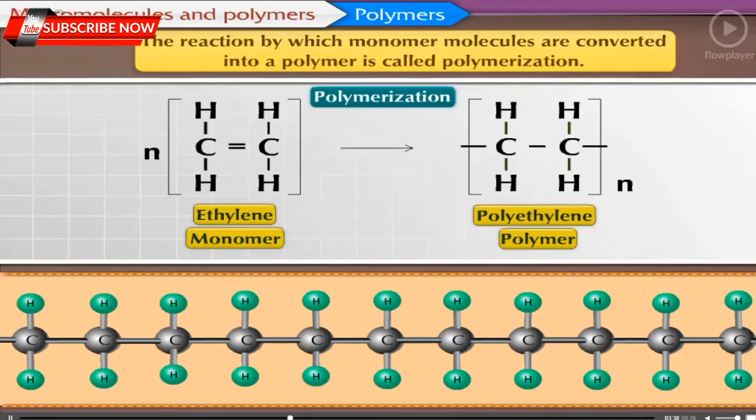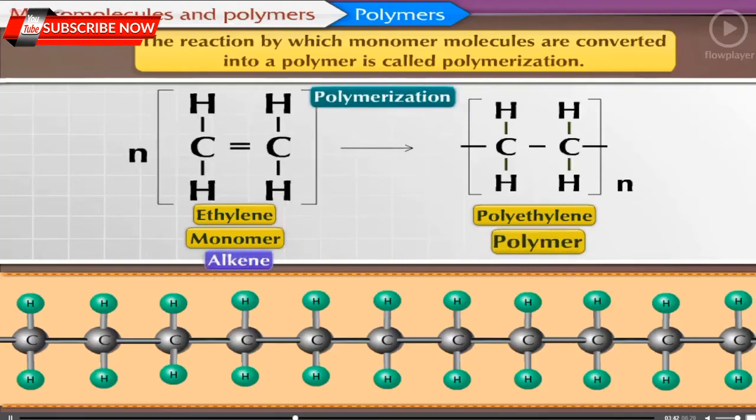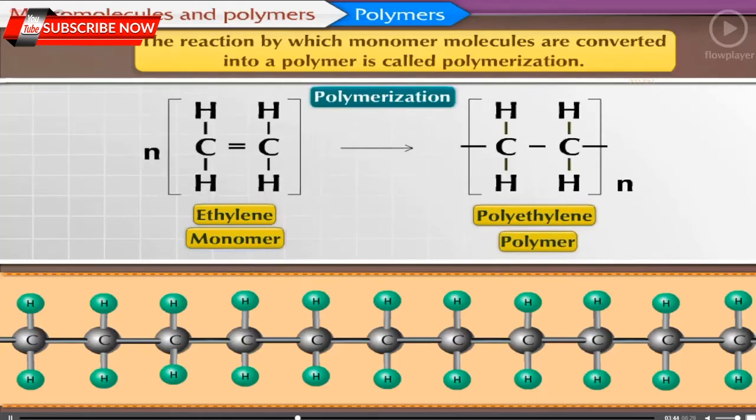One important method of polymerization is to make a polymer by joining alkene monomers. For example, ethylene monomers undergo polymerization to join with each other and synthesis of polyethylene polymer takes place. Come, let us now learn about various polymers that are used in large quantities and their uses.